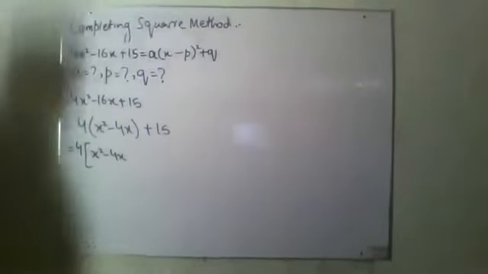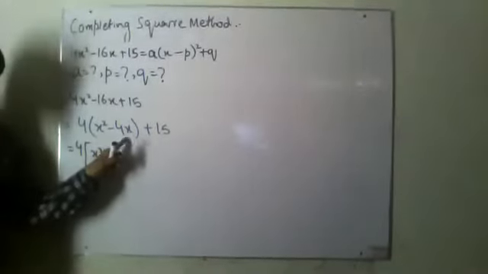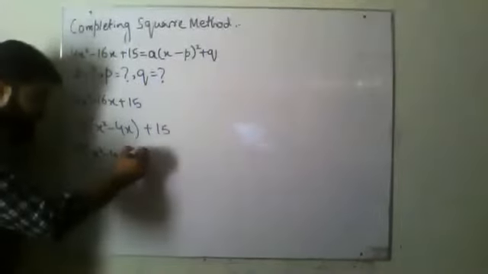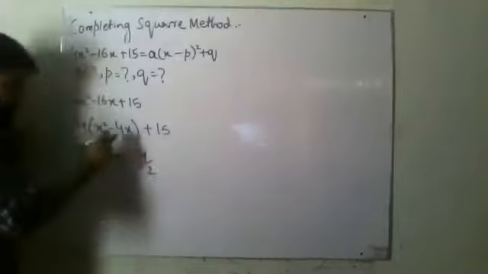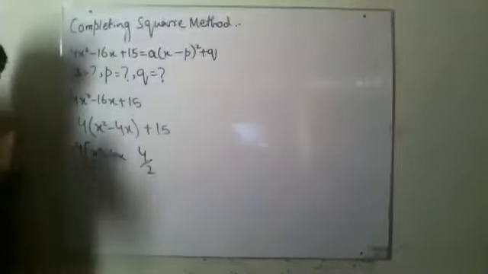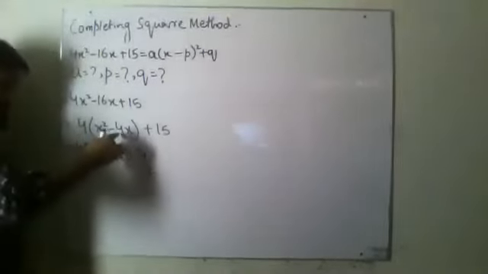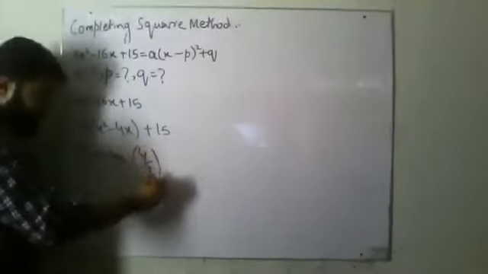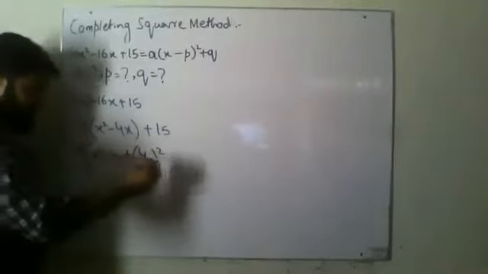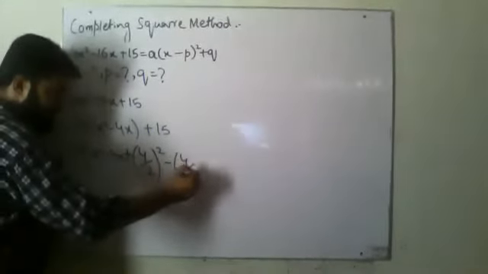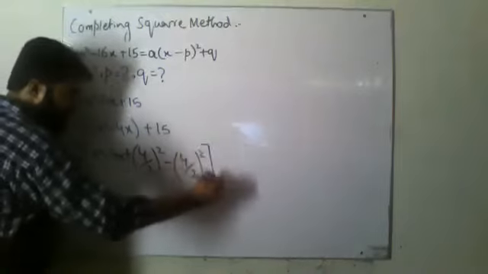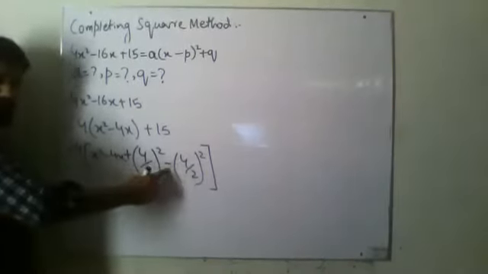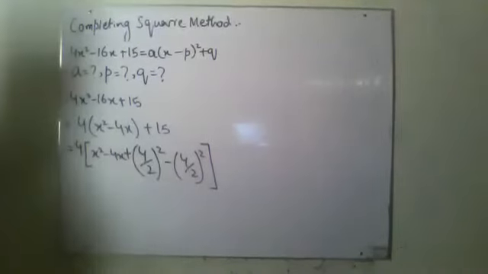After this, the coefficient of x, without sign, we are not discussing sign, is divided by 2 and squared, plus and minus. Always remember to write plus first and minus later, so you don't have to arrange it again.